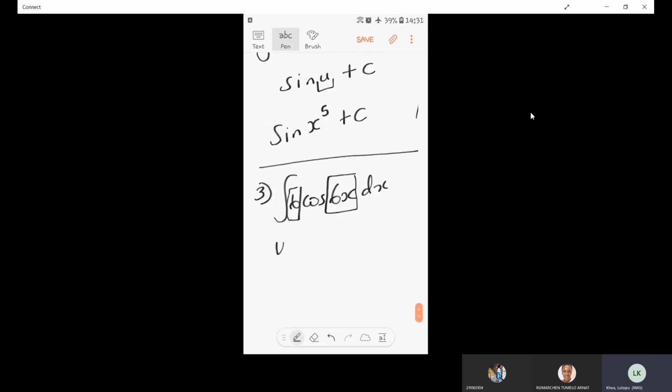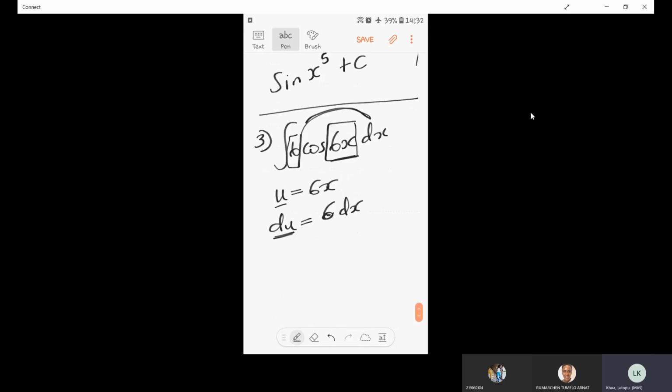So we let u equal 6x, then du is equal to 6 dx. So I will replace the 6 and the dx with just du, and the 6x with u, and then integrate. So this is the integral of cos of u du.